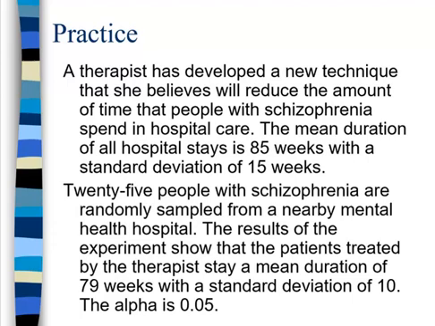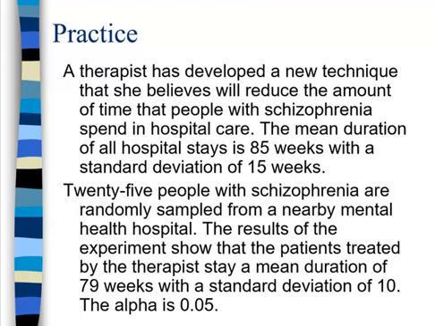So here's the scenario, right? A therapist has developed a new technique that she believes will reduce the amount of time that people with schizophrenia spend in hospital care. The mean duration of all hospital stays is 85 weeks, with a standard deviation of 15 weeks. 25 people with schizophrenia are randomly sampled from a nearby mental health hospital.